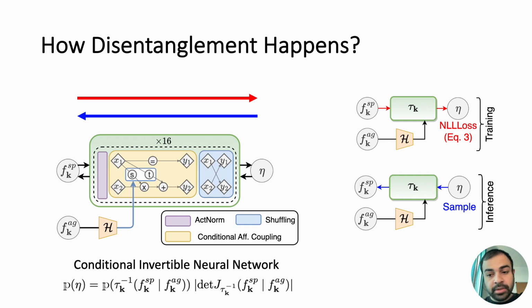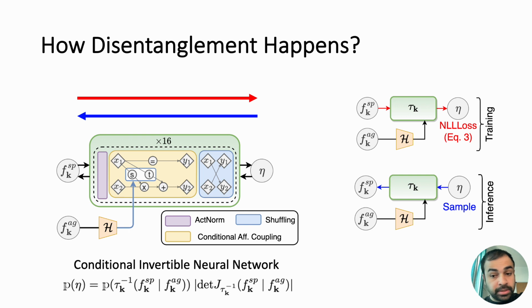Conditional invertible neural network takes a step further by adding a conditional vector. Intuitively, our conditional invertible neural network takes the modality specific vector and then conditions on the modality agnostic such that it removes all the modality agnostic components and learns a prior distribution eta that only captures the modality specific information such as drawing styles for sketch or grammatical knowledge for text.